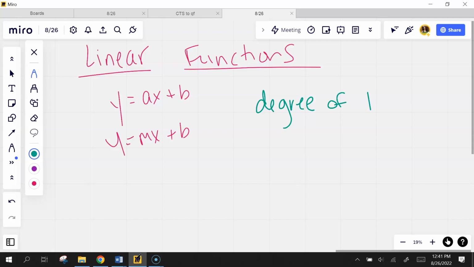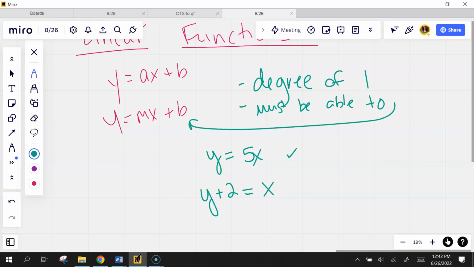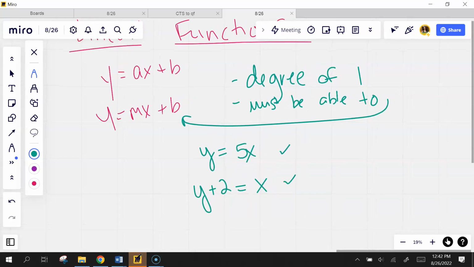Okay, so based on your definition, is it a linear polynomial or no? Can I manipulate it? It must be able to look like this. Okay, so yes.